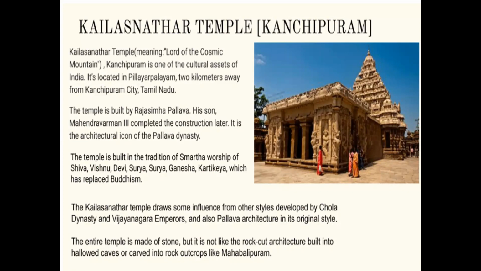It is located in Pillayar Palayam, 2 kilometers away from Kanchipuram city. The temple was built by Rajasimha Pallava. His son Mahendravarman III completed the construction later. It is the architectural icon of the Pallava dynasty.